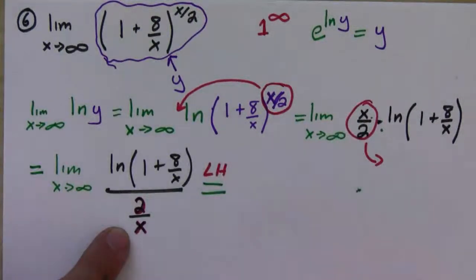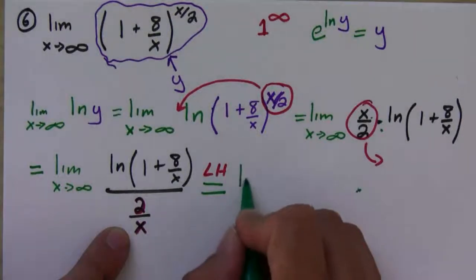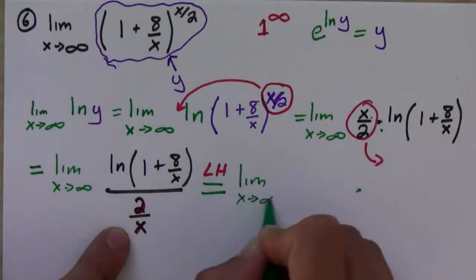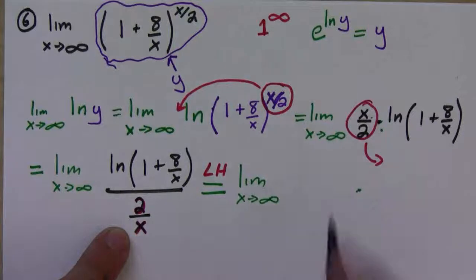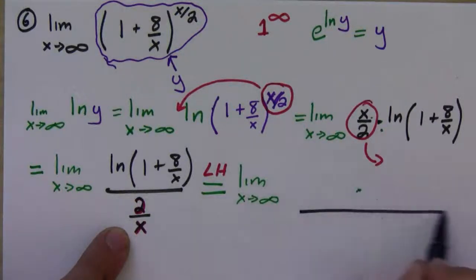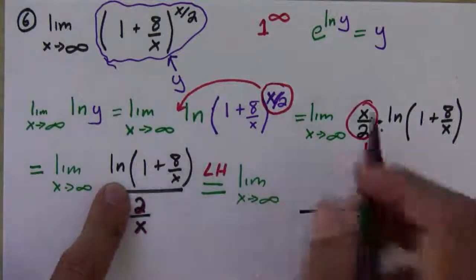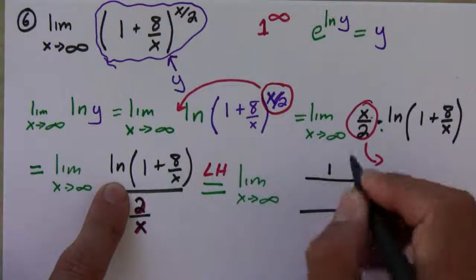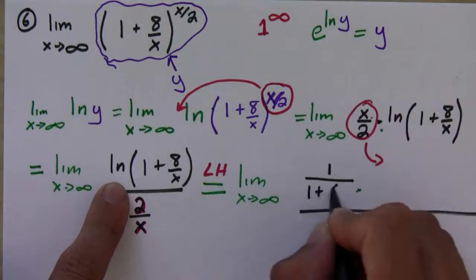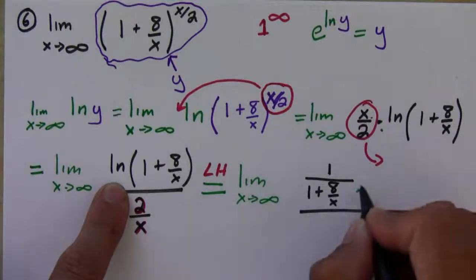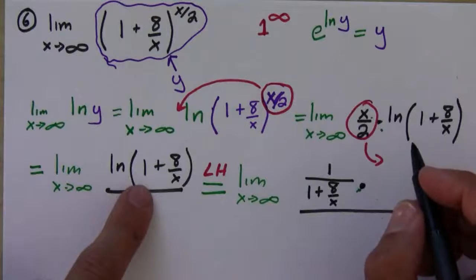And so then what I would have is the limit as x approaches infinity of, this is a big fraction as well, but the derivative of the numerator is 1 over 1 plus 8 over x times the derivative of the inside.